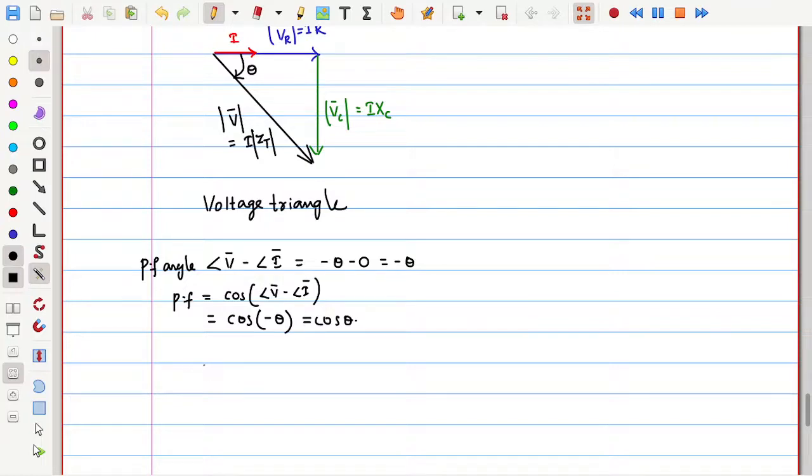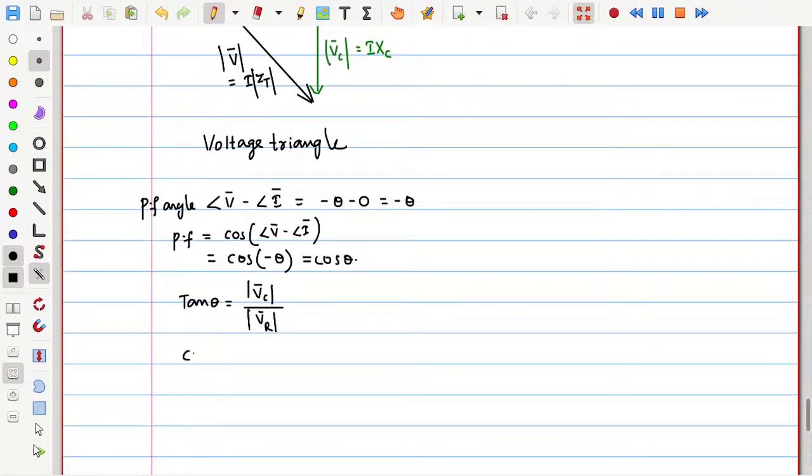In many ways we can find theta. For example, if I use the tan function, tan theta is equal to, quickly tell me, VC magnitude divided by VR magnitude. If I use cos theta, what is the adjacent side?